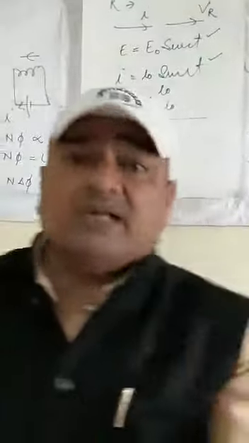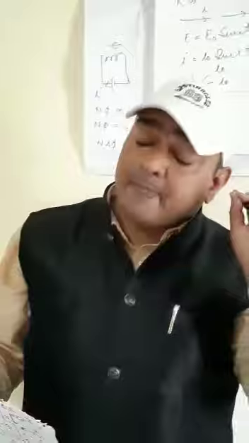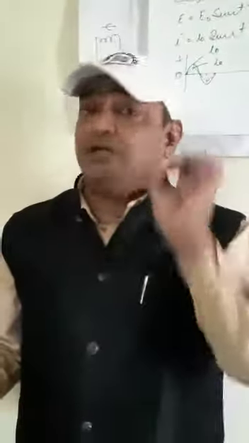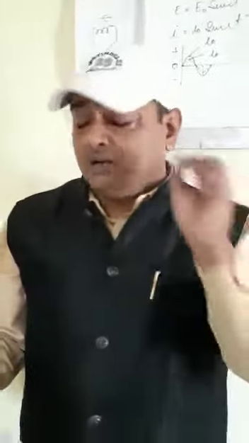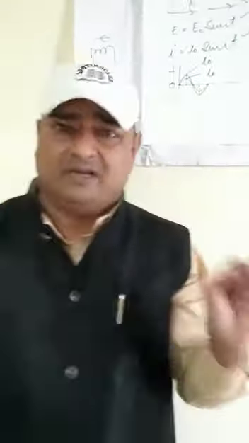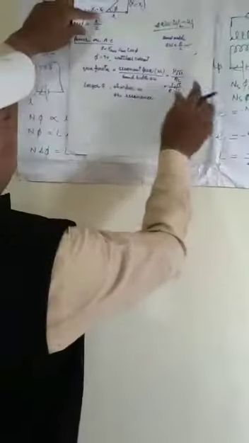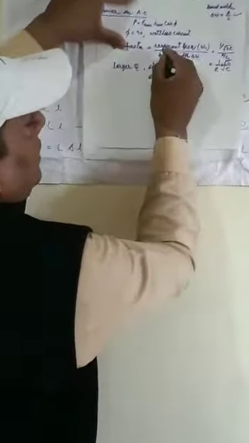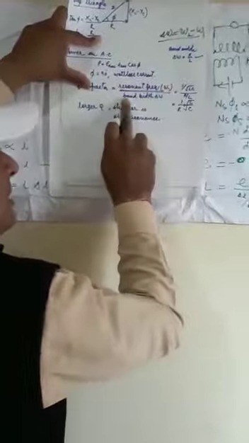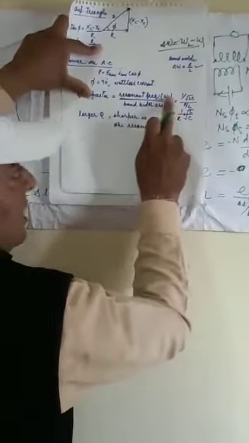Now we need to discuss how sharp or flat any resonance circuit is. The sharpness or flatness of a resonance circuit depends on a factor called the quality factor, a dimensionless factor, which is defined as the resonant frequency upon bandwidth, that is, omega naught upon delta omega.